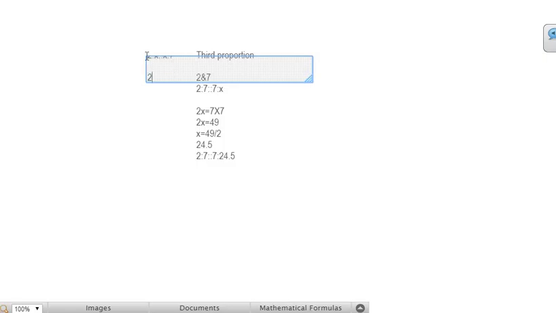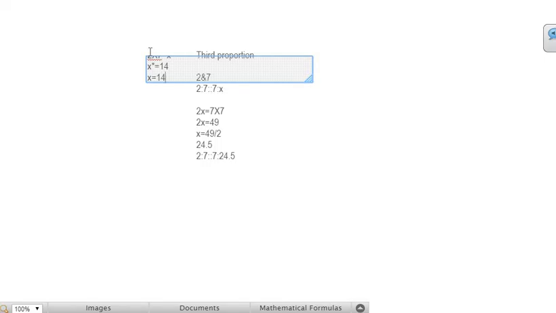Now it's going to be 2 into 7 is equal to x square. So x square is equal to 14, so x is equal to square root of 14.